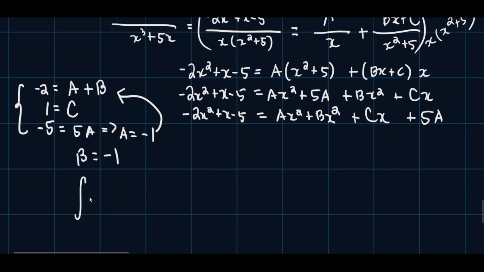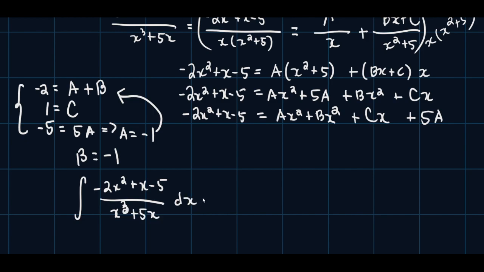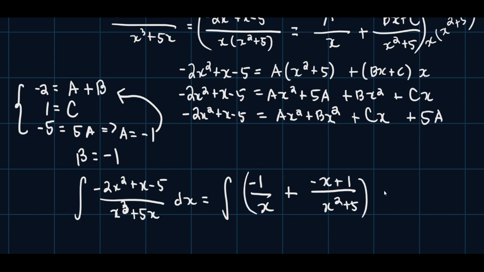So, it's the integral of negative 2x squared plus x minus 5 all over x cubed plus 5x dx. So, yung partial fraction decomposition niya, nasulat na natin as negative 1 all over x plus negative x plus 1 all over x squared plus 5 dx.